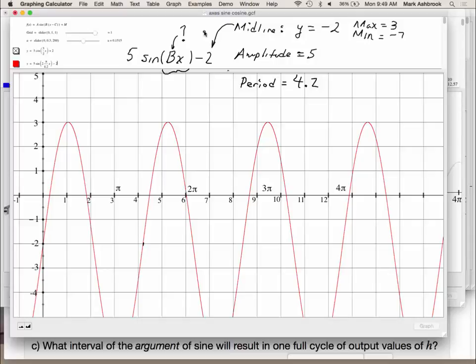When we hit the period of 4.2, we need a full cycle, so that whole argument has to hit 2 pi. So b times 4.2 has to be 2 pi. Solve for b now. And it is 2 pi over 4.2.